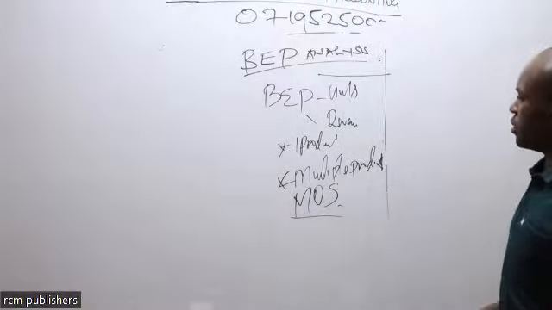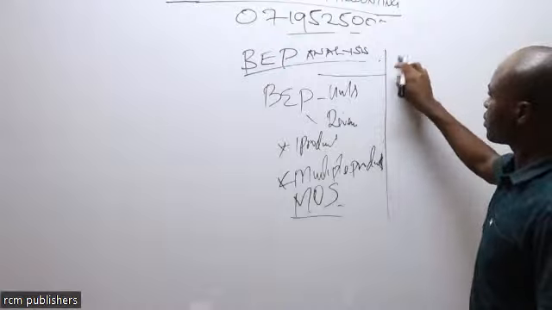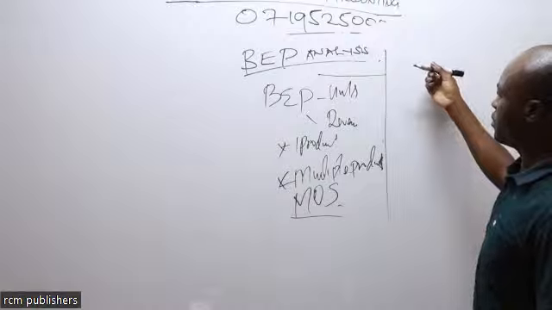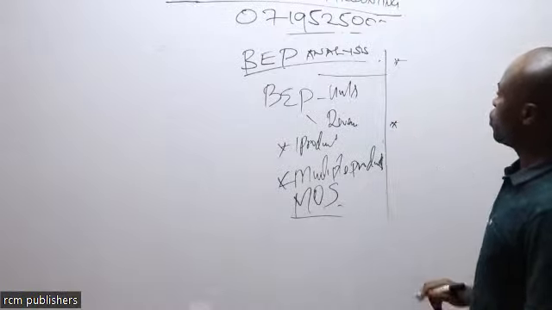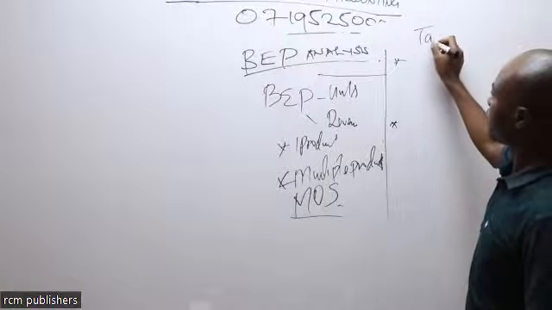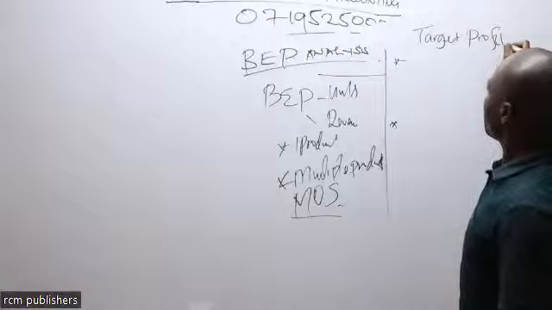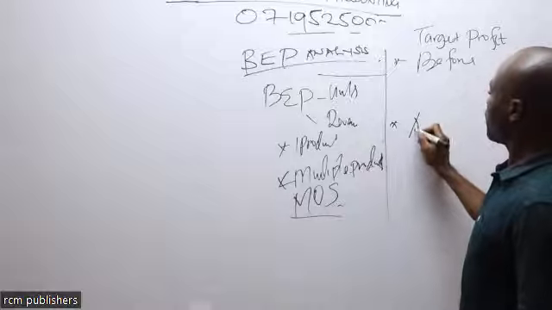In the same topic, we are going to look at what we call target profit. So this target profit, we can have it before tax, and also we can have it after tax.